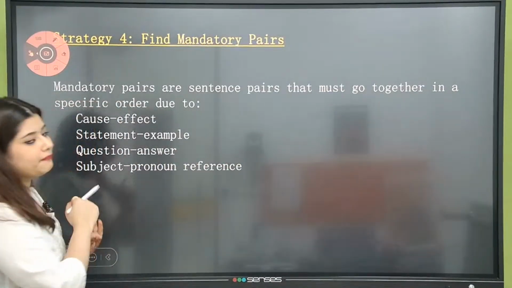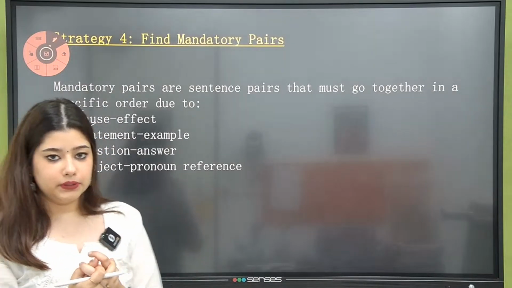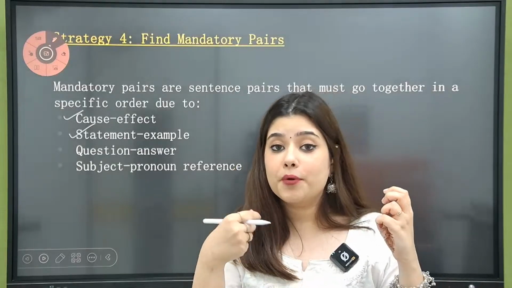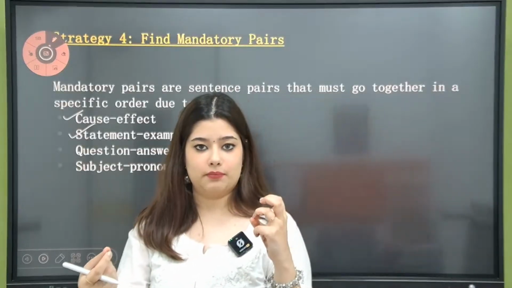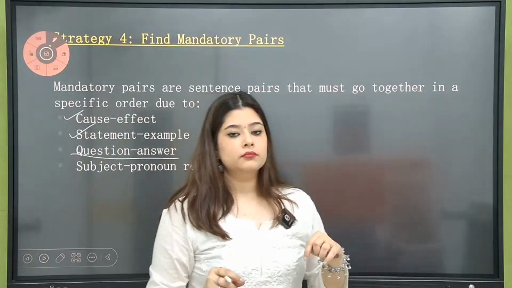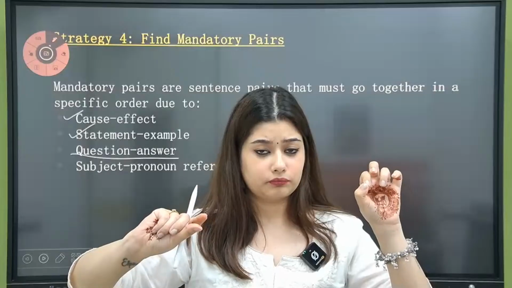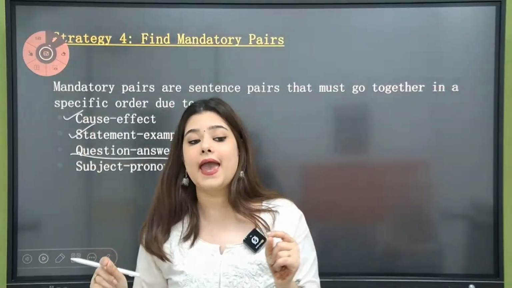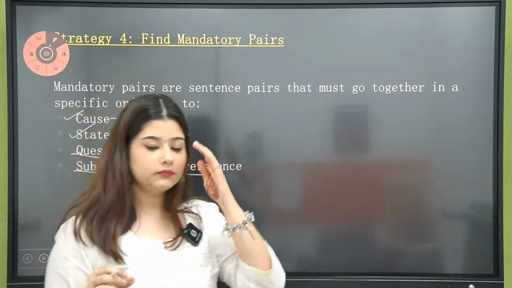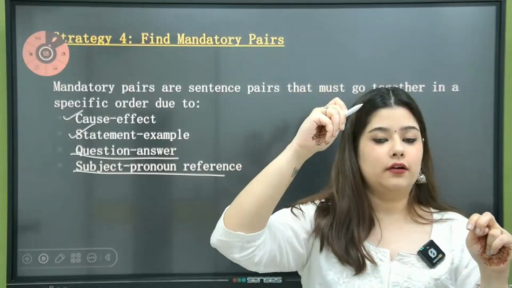Some examples of mandatory pairs: cause and effect; statement and example, where you're stating something and then giving examples, providing supporting evidence for that statement; question and answer, where a question has been asked and then an answer to that question is given; and subject and pronoun reference, where a subject is introduced and then a pronoun points back to that subject.